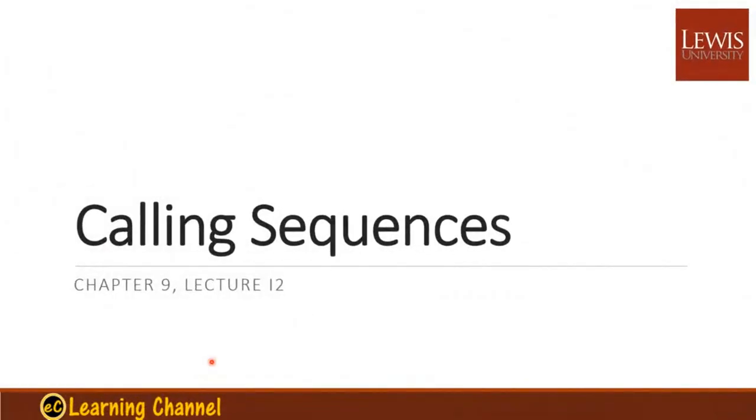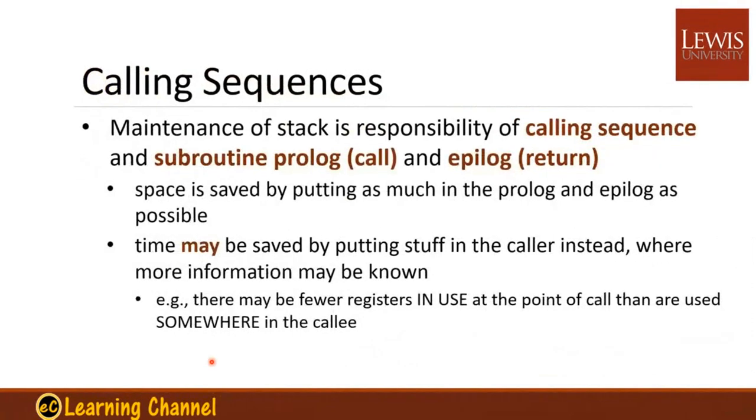Now let's look at the calling sequence. The calling sequence is regarding the epilogue and the prologue, how to enter the subroutine and how to exit from the subroutine. So we maintain a consistent programming environment for the program. The maintenance of the stack is the responsibility of the calling sequence and the subroutine prologue.